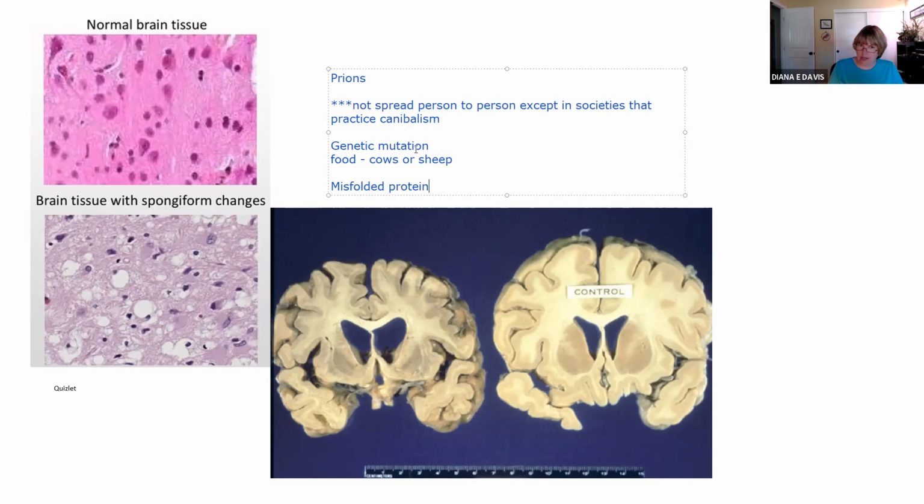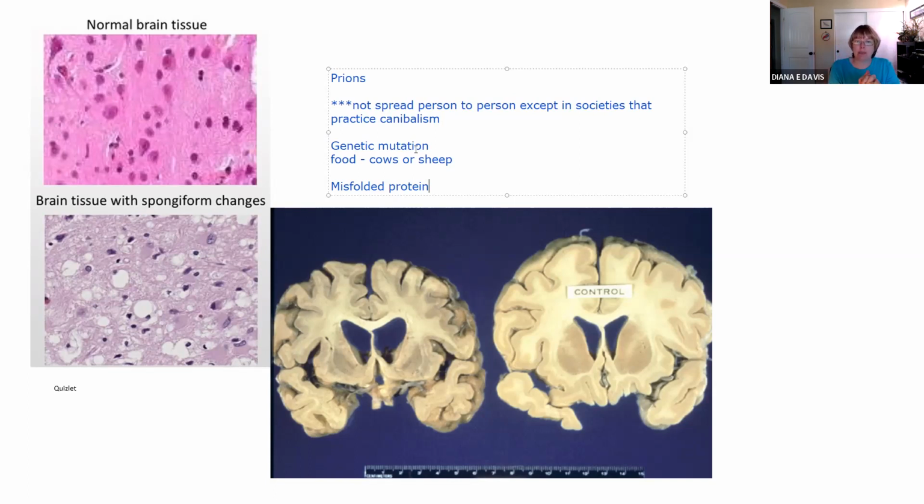somehow it survives the digestive process, gets into the brain, and it can trigger misfolding of the protein that already exists in your brain. The protein that's a normal shape, if it's exposed to the misfolded protein, will fold the wrong way.